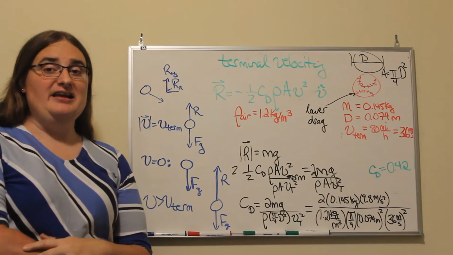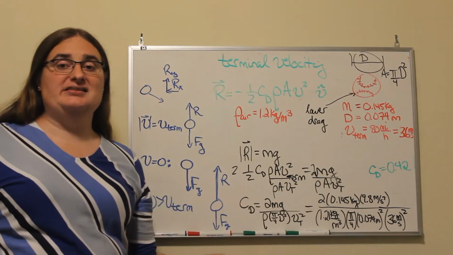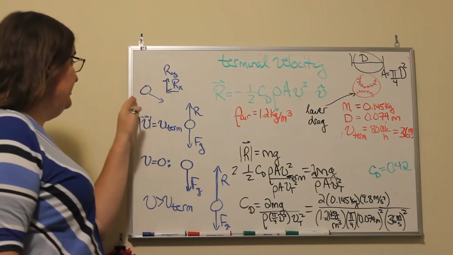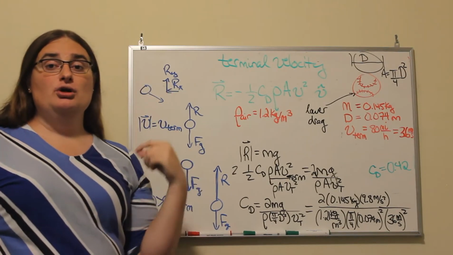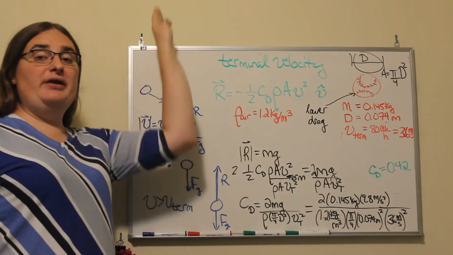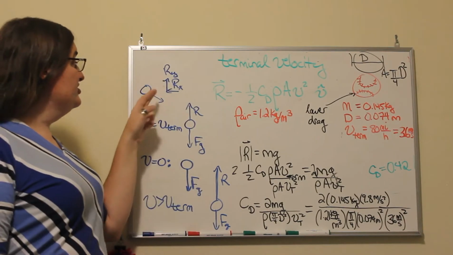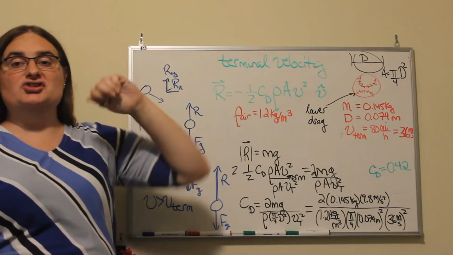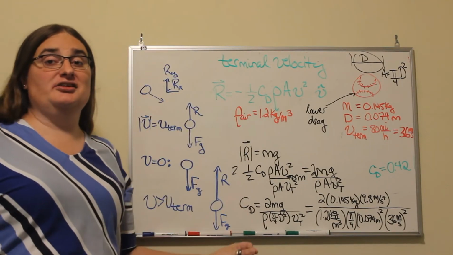So if we had an infinite flat space that an object could move through, eventually its forward motion would go away. Eventually, if it's moving up, it would have to stop, because as it goes up, the air resistance works with gravity to slow that object down faster.